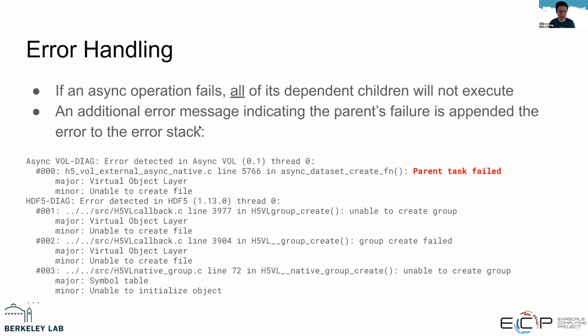So currently, our handling of the error is that if any asynchronous operation fails, all of its dependent children will not be executed. In addition, we push an error message to the HDF5 error stack, indicating that its parent has failed and this task cannot proceed.